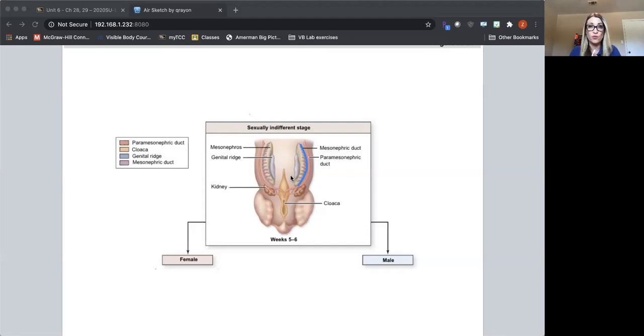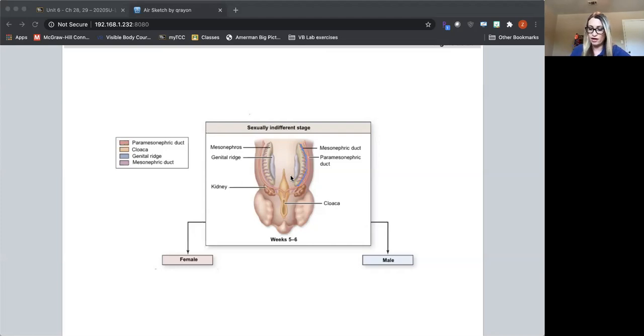So if you have the Y chromosome, it will stimulate male development, and as the male structures are developing, they're releasing chemicals or signals that stimulate degradation of the female duct system. So female won't develop, okay?